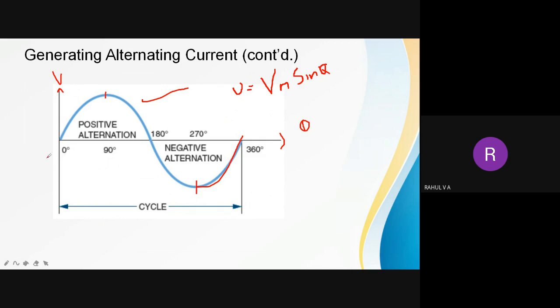Okay, so initially when the theta value is 0, what is the instantaneous value?